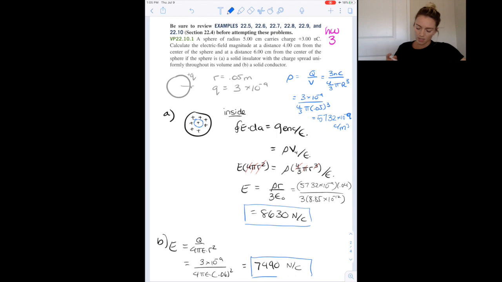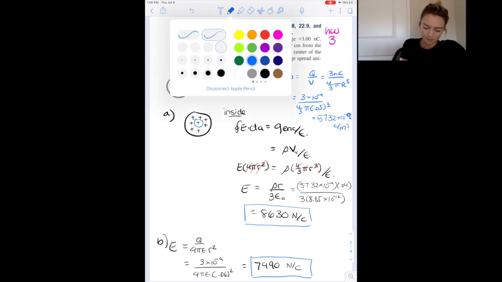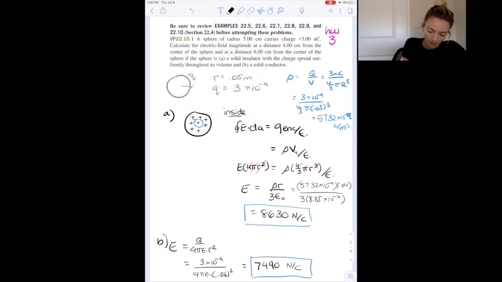Okay, and now you notice that the electric field 1 centimeter outside the radius is actually less than the electric field 1 centimeter inside the radius. And this makes sense because if we were to plot the electric field versus r, we found that when we're inside the sphere, the electric field is directly proportional to r, so it's just going to look like a straight line.